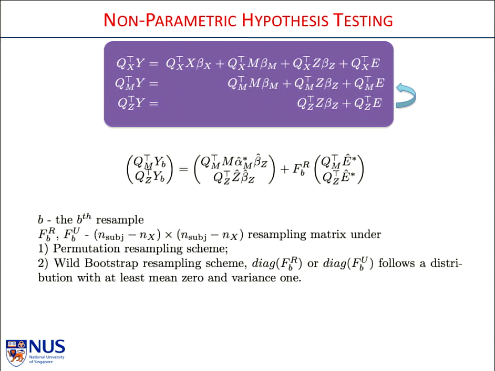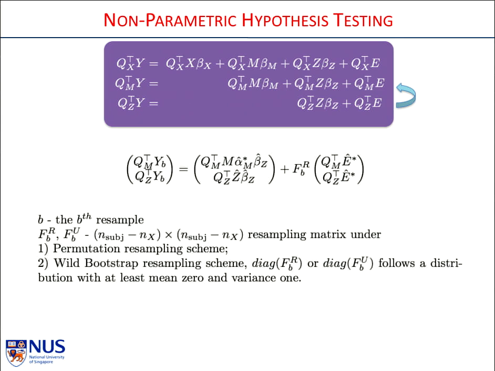The wise way to do it is to define permutation matrices. Down here, I wrote it as FBR. And you permute the residuals of your linear regression model, the model we just mentioned, okay? So you have to permute your residuals. Certainly, it is a little bit complicated because we have a rotation matrix Q in front.